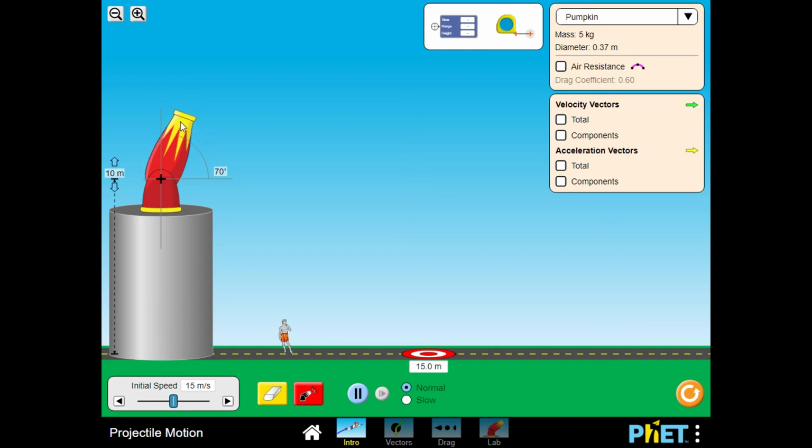Okay, this is the direction of the projectile, the projection direction. Here the arrow means the horizontal projection, and here it is 90 degrees, which means vertical projection.